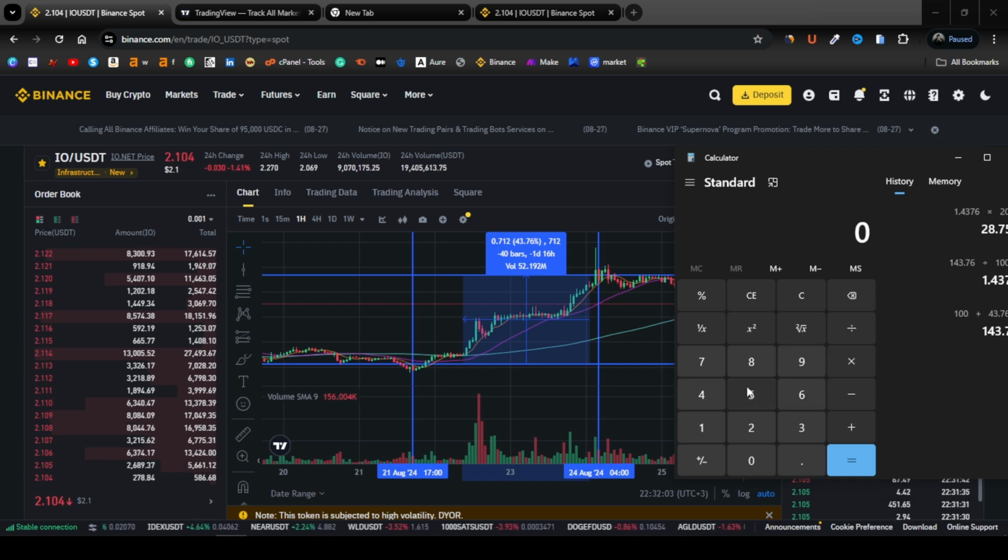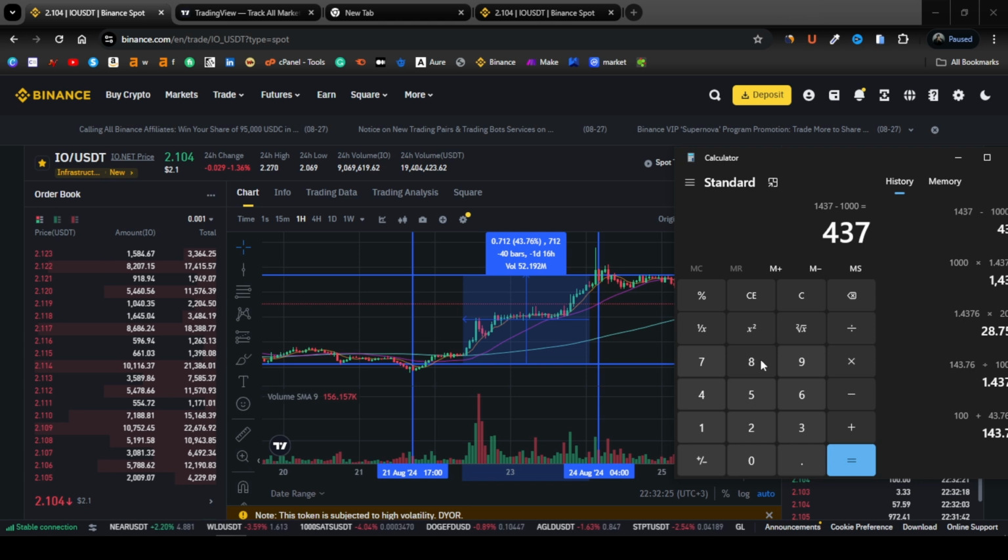If let's say the position size was around $1,000, you can see the amount of money you can make. Right, so that is almost $437 profit. Right, within 4 days, guys. That's not bad money.